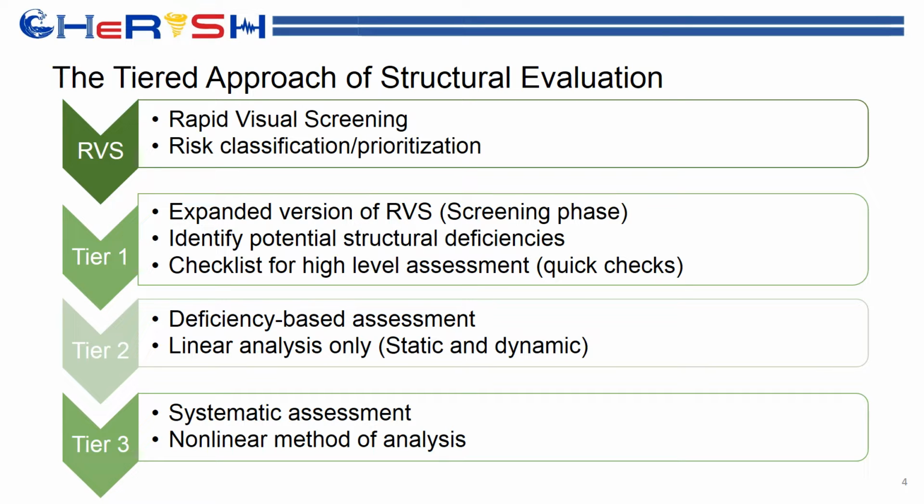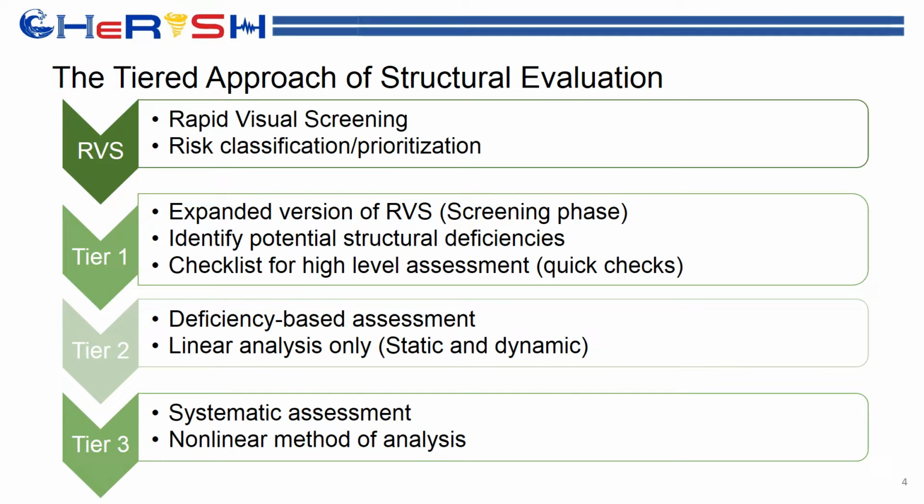And moving forward, if we want to actually do some retrofit, then we need to do what we call a higher level of analysis that would include Tier 2 analysis.